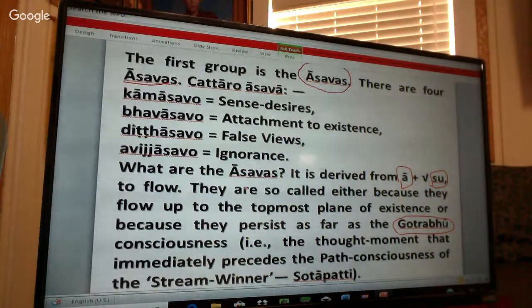That's why, even though the Puthujjana practices samatha meditation, attains arupa jhana and is reborn in Nevasannanasannayatana, the topmost existence of the universe, they still have the asava. The asava can flow to that plane. We say like this as a simile. The flowing is not like water flowing.